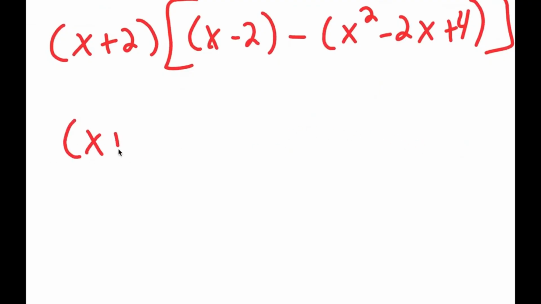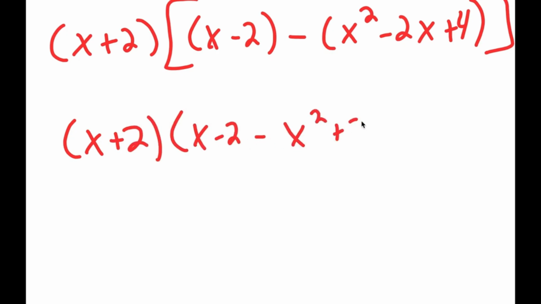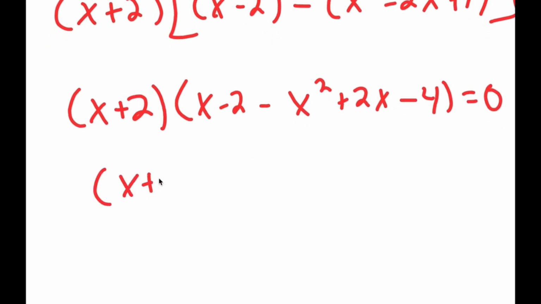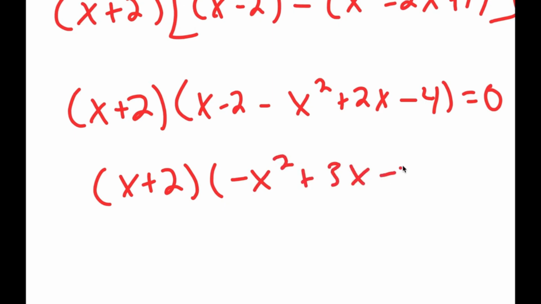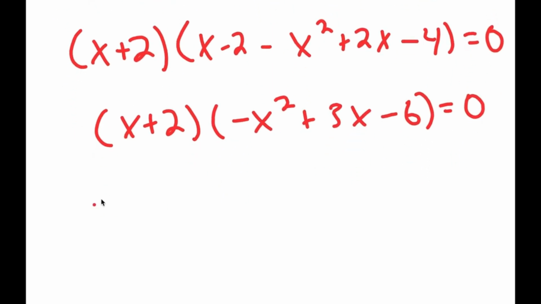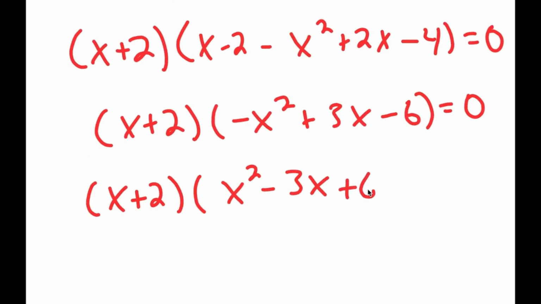And this turns into x plus 2 times x minus 2 minus x squared plus 2x minus 4 is equal to 0, which equals x plus 2 times negative x squared plus 3x minus 6 is equal to 0.